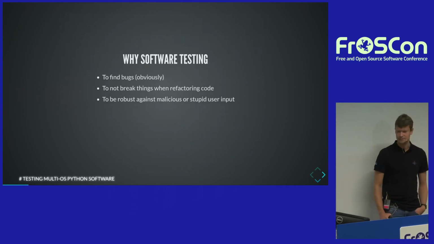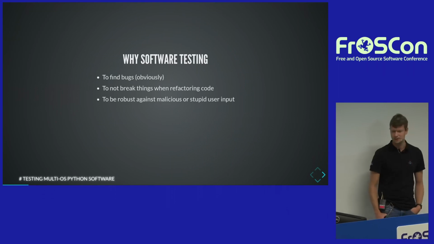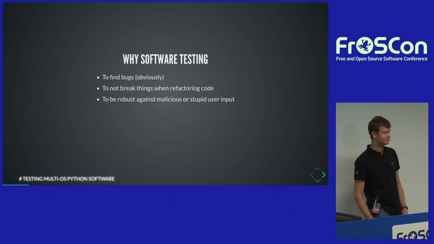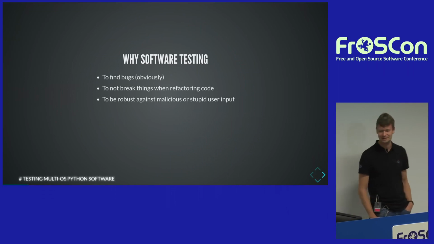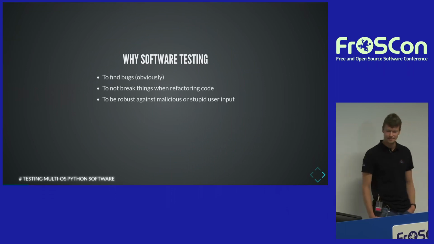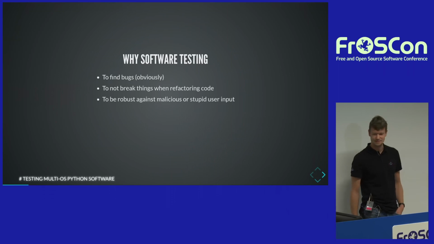So, software testing. Why do we do that? To find bugs, obviously. We want to have software run smoothly. We don't want any unexpected results. And to ensure that, we write tests. And this is only the first thing.